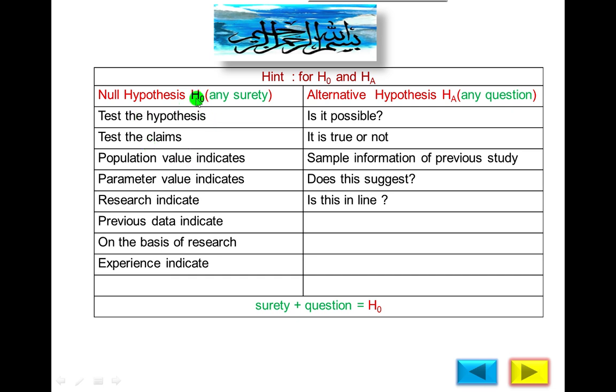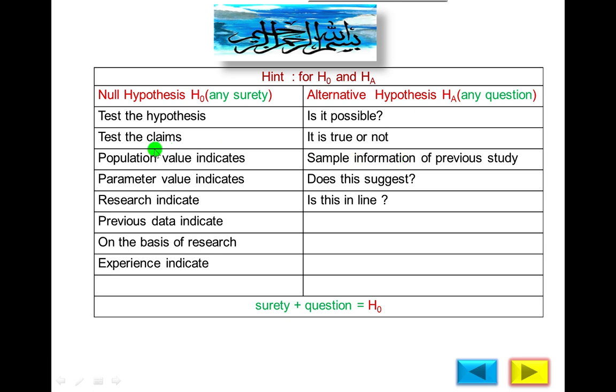If the statement of the null hypothesis is equal, we represent the equal sign. If this is equal to, this will be not equal to. At least, minimum, represent greater than or equal to. If this is greater than or equal to, this will be less than. Because it is a parallel setup of this.